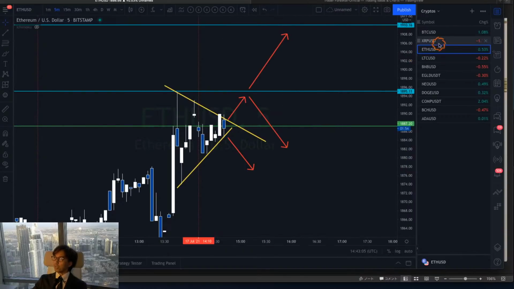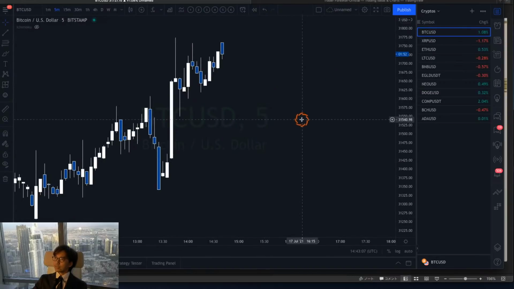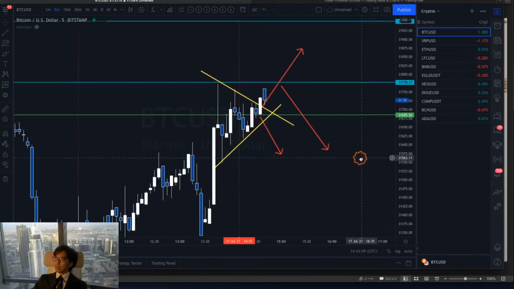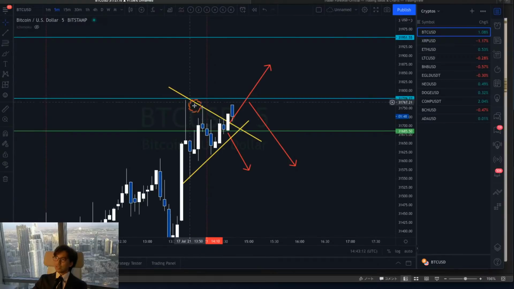Let me look at the Bitcoin. Okay, so Bitcoin, I would say the P wave is broken upwards in this direction. You can see that the close price is above the P wave. The previous candle's close is above the P wave, and this is the clear breakout.